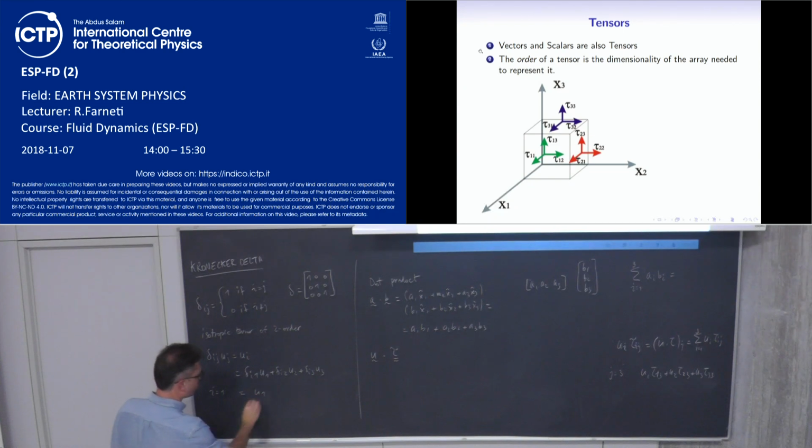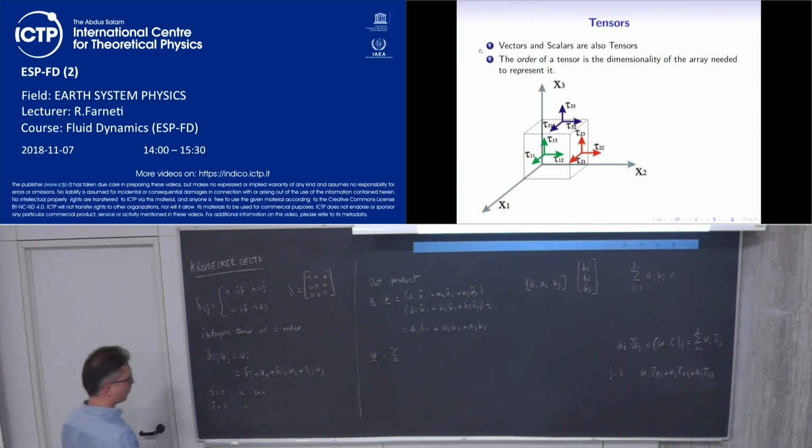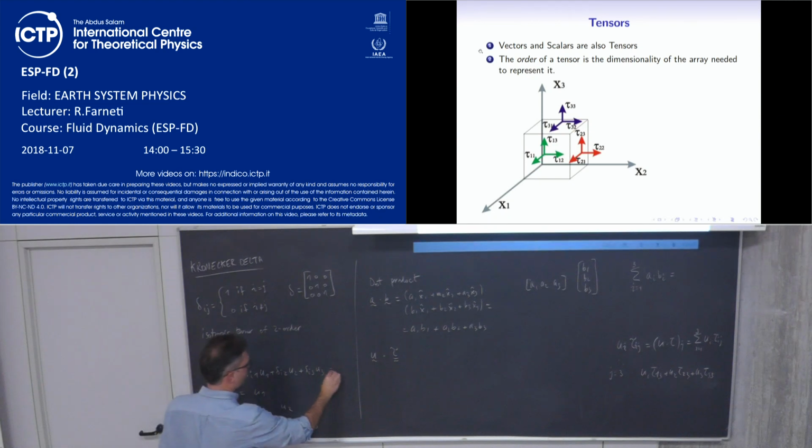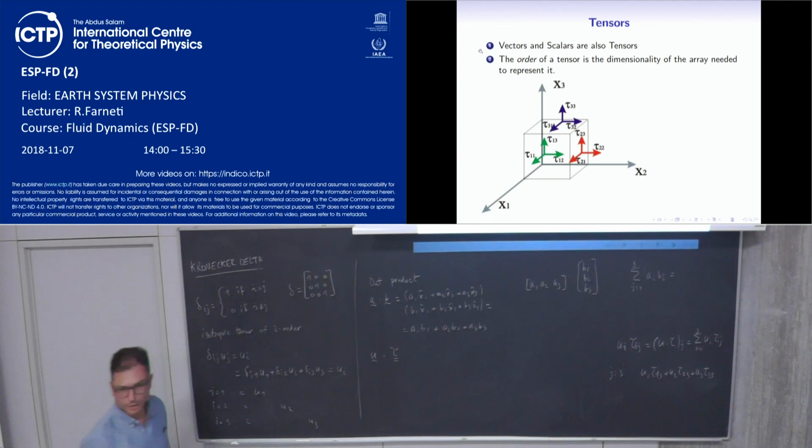This is u1, this is 0, and this is 0. For i equal 2, this is 0, this is u2, this is 0. And for i equal 3, this is 0, this is 0, and this is u3. Okay? So this is ui. Okay, that's why the Kronecker delta is useful.